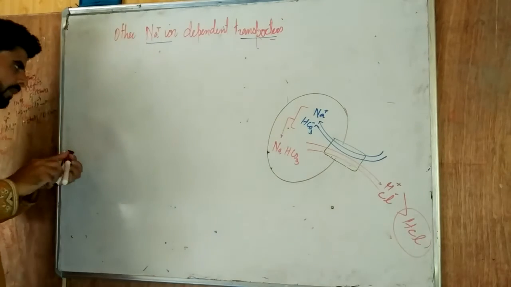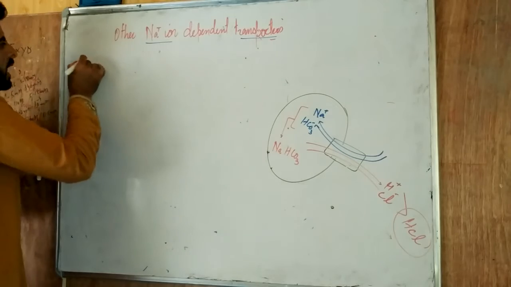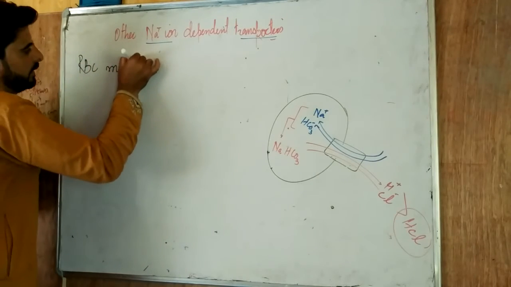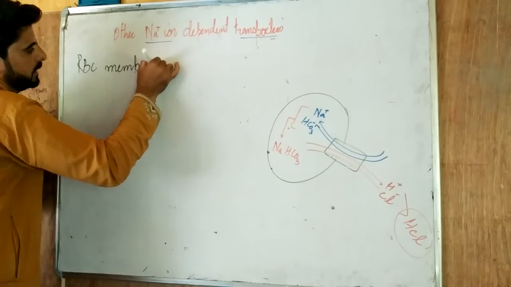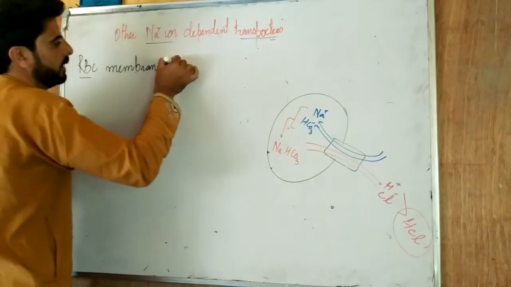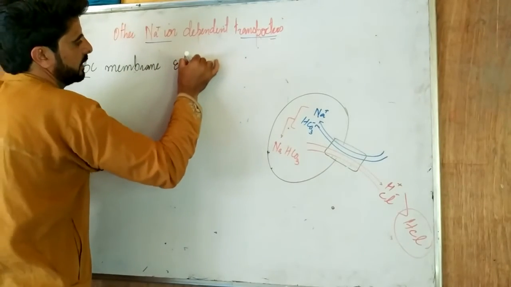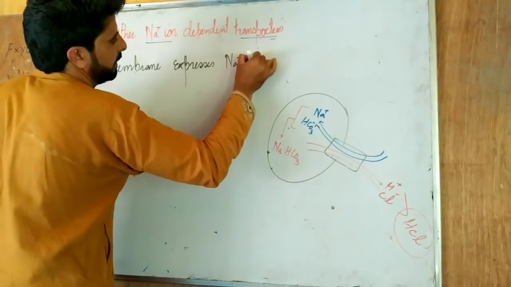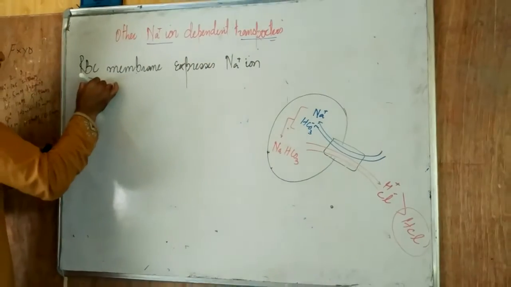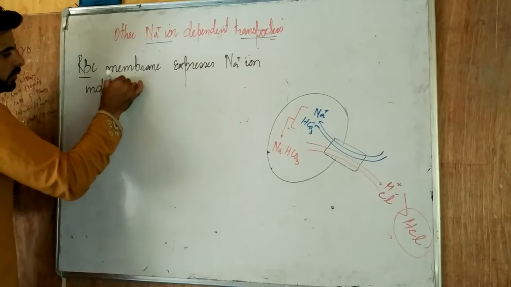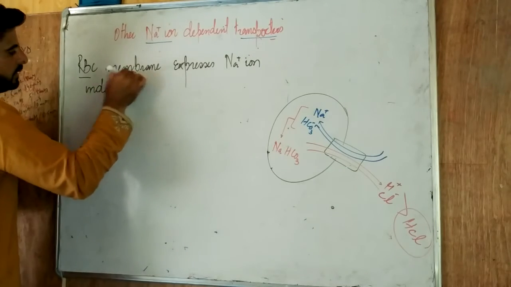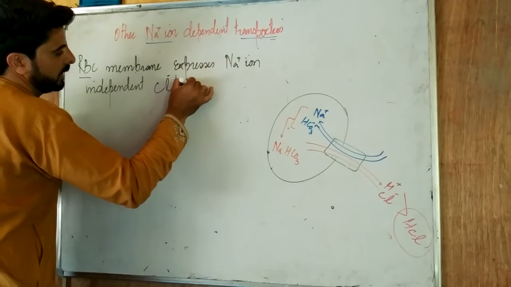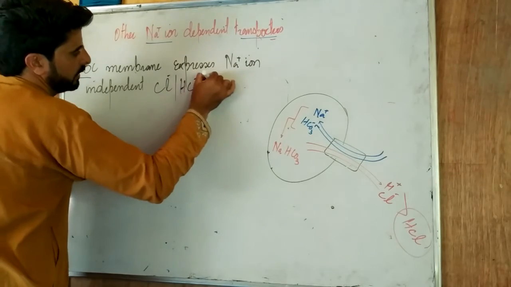So the RBC membrane, that's the plasma membrane of a red blood cell, expresses a sodium ion independent chlorine ion and bicarbonate ion exchanger. The word you have to keep in mind is independent.